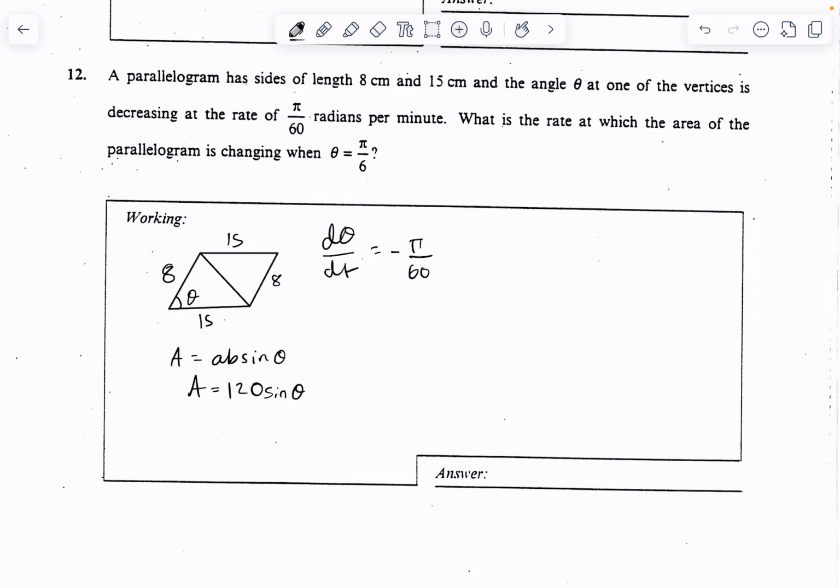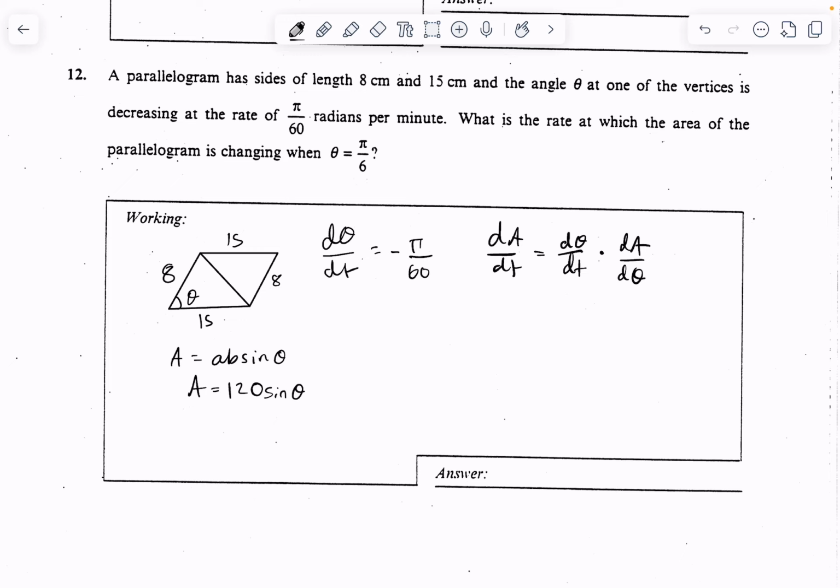So if we look at this here, we have d theta by dt, and we want to find the rate at which the area of the parallelogram is changing. So that's going to be dA by dt. And dA by dt, if we do some quick rearranging, is going to be d theta by dt times dA by d theta.